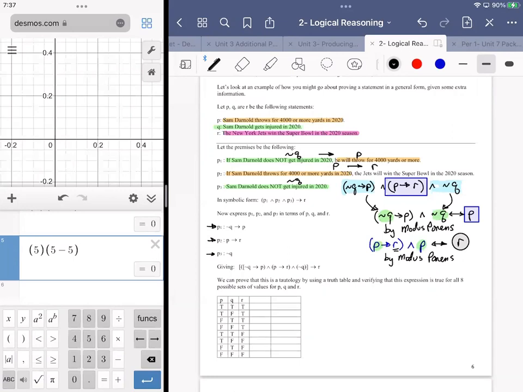So anyway, if you're ever in trouble and you can't figure out a law to justify an argument, you could always create a truth table. Right? It's just not going to be pretty most of the time, especially when you have all these different components. So what you'd have to do is actually create a truth table using all of this.